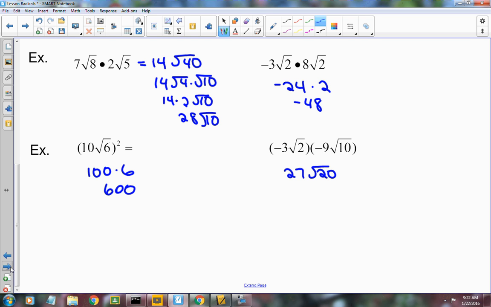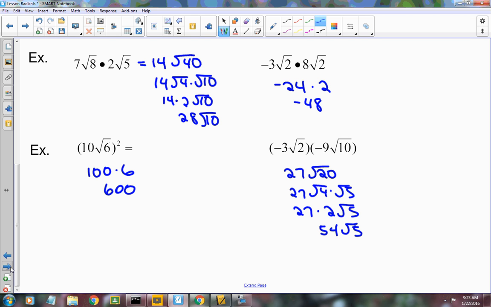So what does 20 break into? 4 and 5. I heard somebody say 2 and 10, but neither of those are perfect squares, so I wouldn't want to use those. I want to use something that's got a perfect square. So I end up with 27 times 2 times radical 5, which is 54 radical 5.